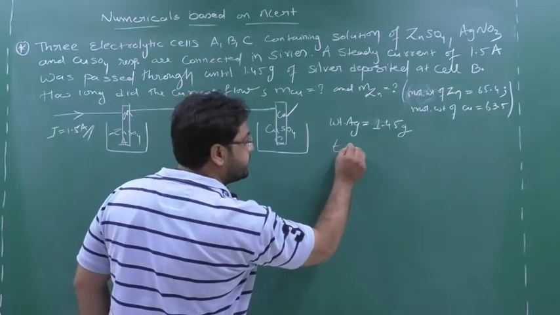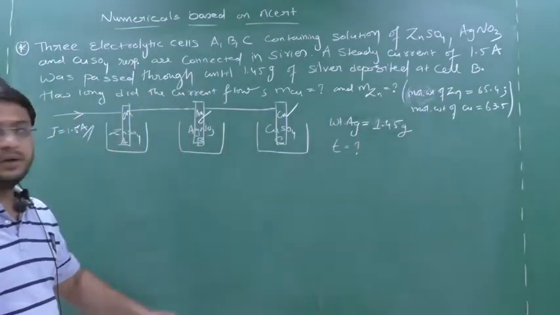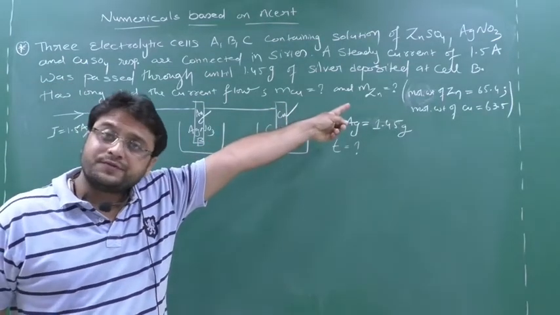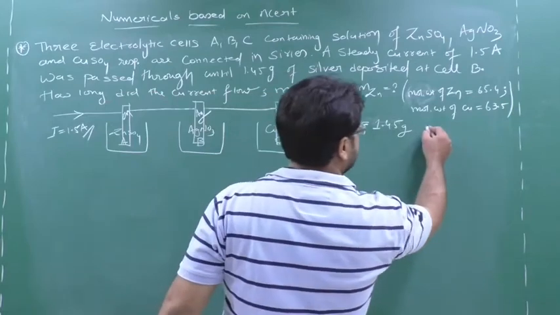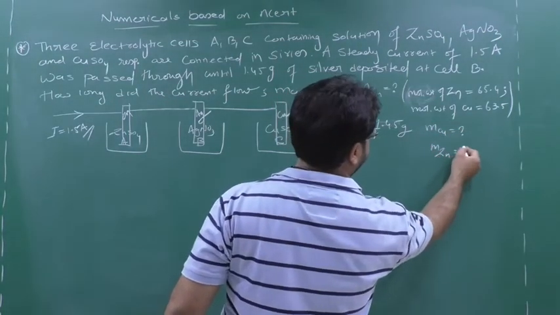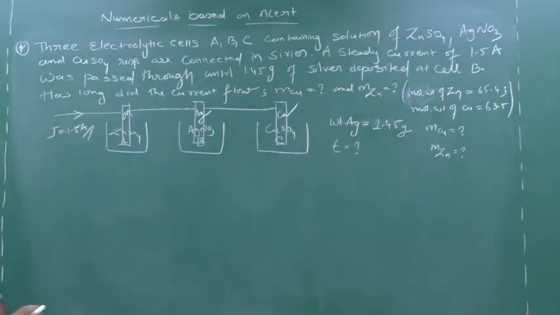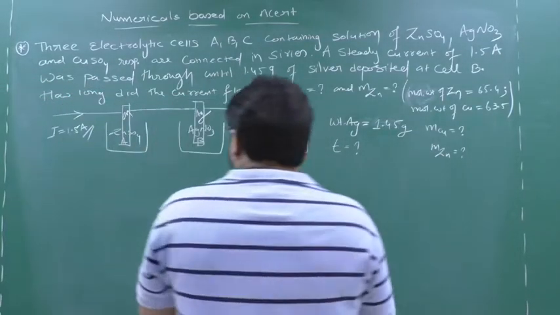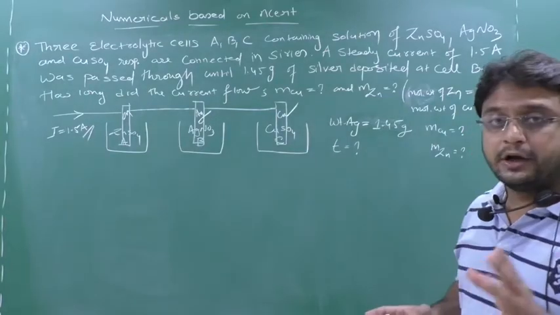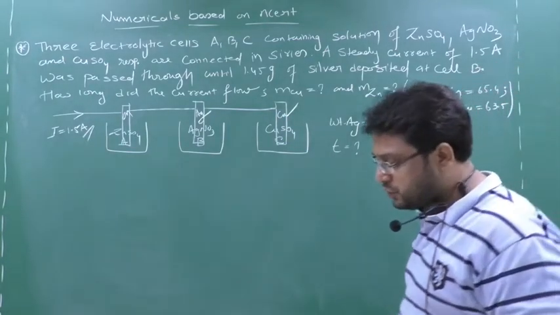Means you have to calculate the time first, and you have to calculate the mass of copper and the mass of zinc deposited. So I have to calculate the mass of copper and the mass of zinc. See here, guys, this question resembles Faraday's second law. Remember Faraday's second law.